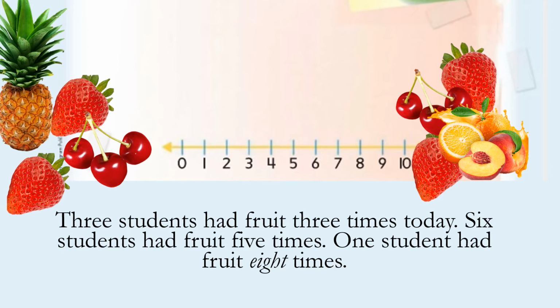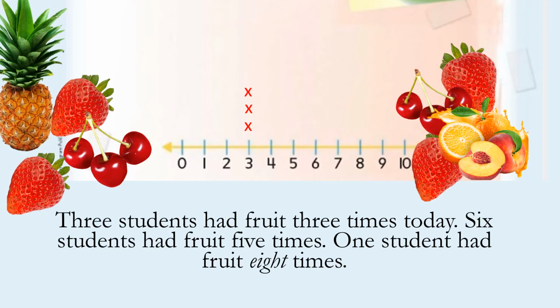So how many students had fruit 3 times today? 3. So what we are going to do is put 3 X's there. That means that there were 3 kids who had fruit 3 times. Okay.